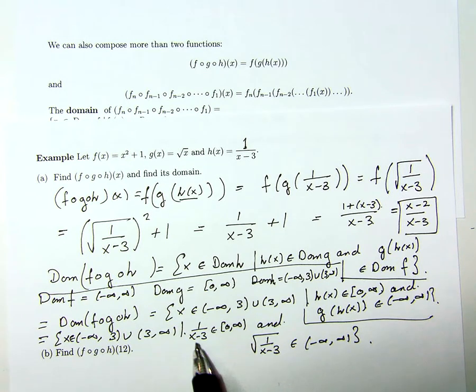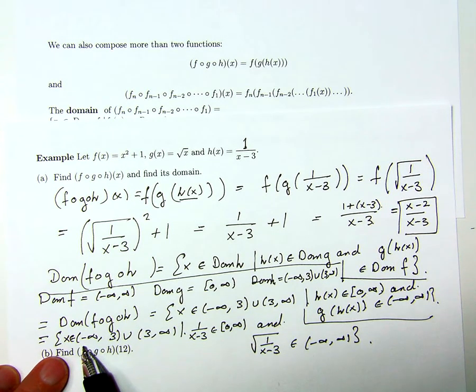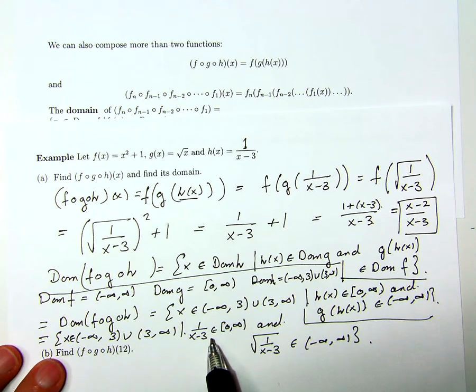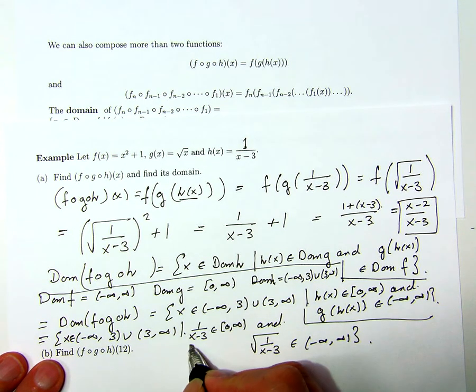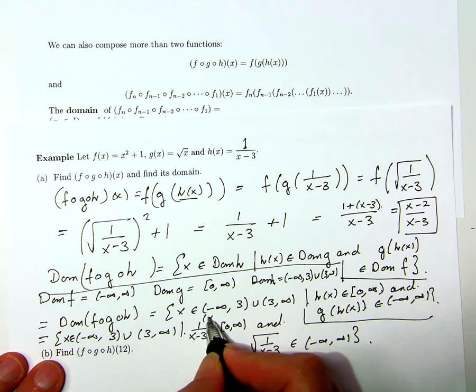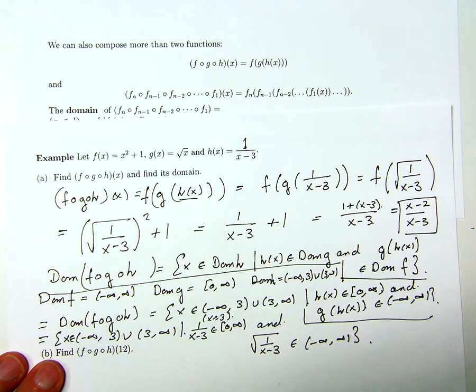Here's the problem right here. So I have any x value which is definitely not 3, for which 1 over x minus 3 is greater than or equal to 0. Well, I must have x greater than or equal to 3 here for this thing to happen. So it must be in this part.